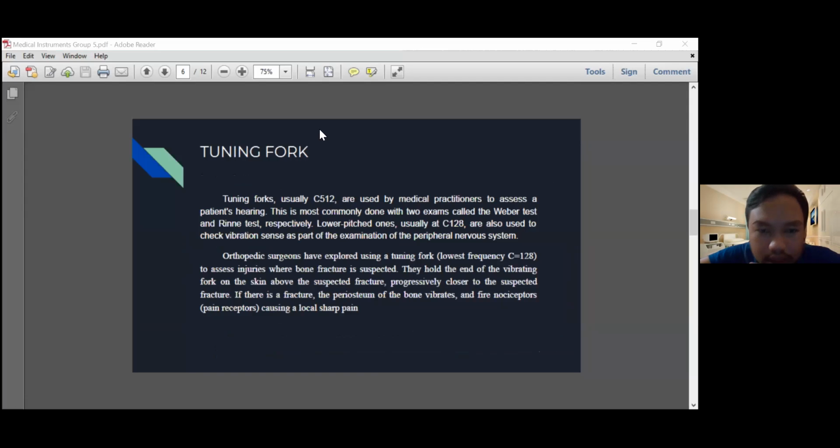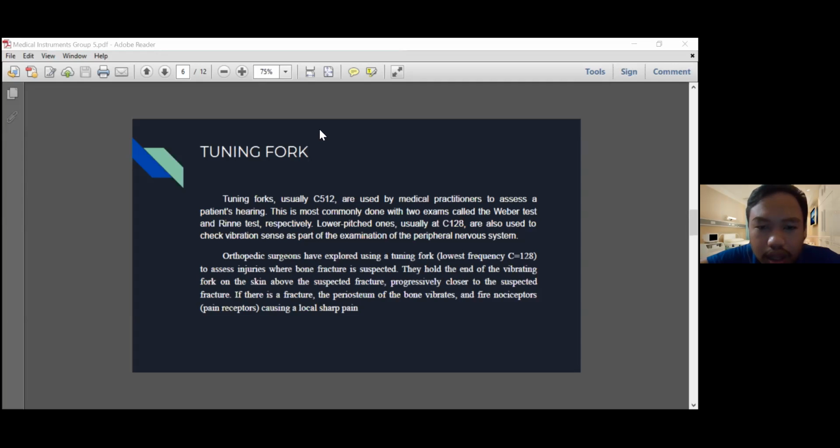Lower pitch ones, usually at C128, are also used to check for vibration sense as part of the examination of the peripheral nervous system. Orthopedic surgeons have explored using a tuning fork to assess injuries where a bone fracture is suspected.